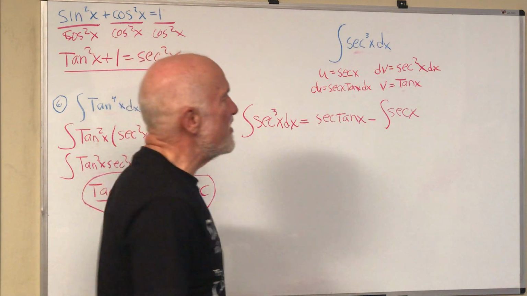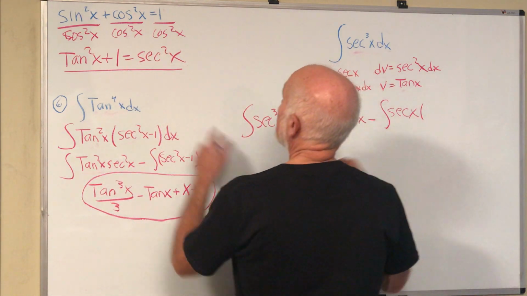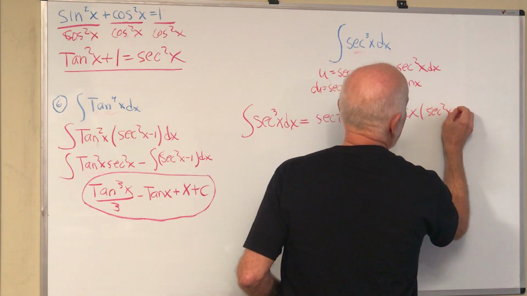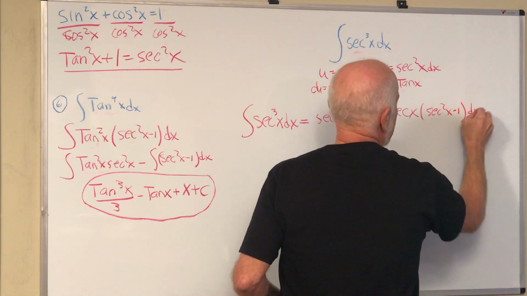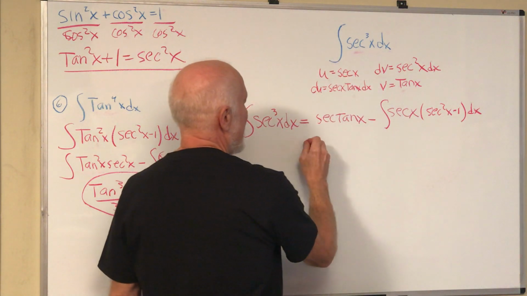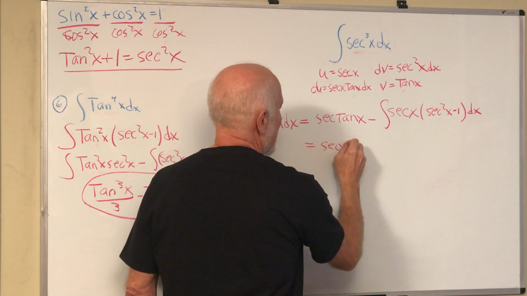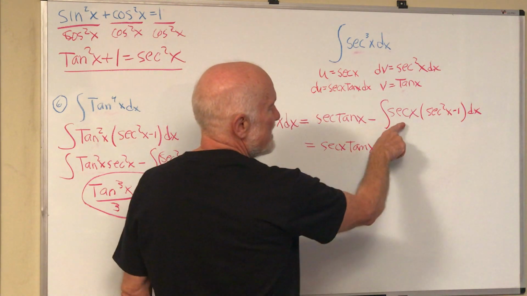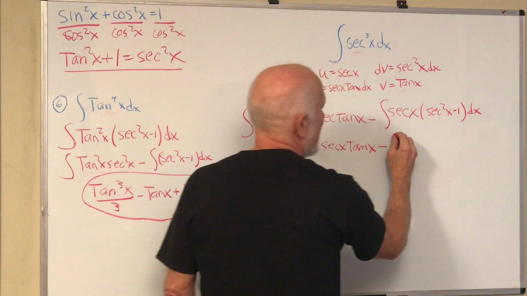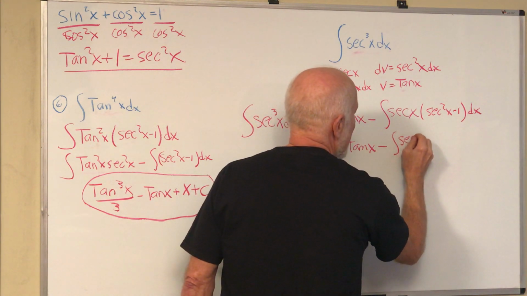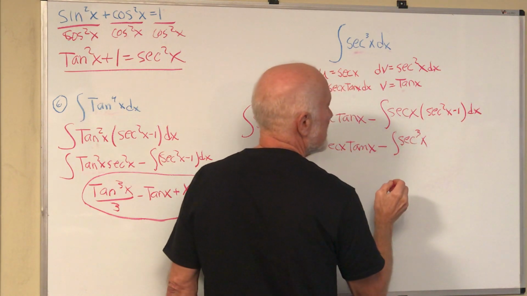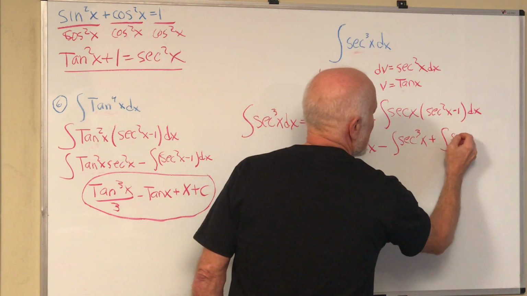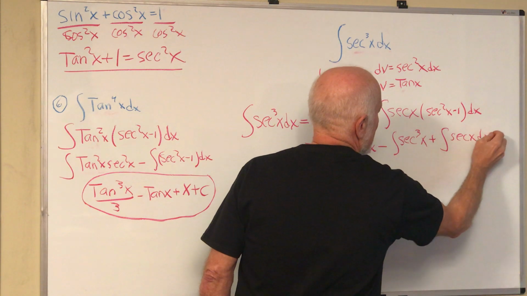Instead of tangent squared, I'm going to write secant squared minus 1. Then I get secant x tangent x minus, if I distribute this through, I get the integral of secant cubed of x, and then minus times minus is plus the integral of secant of x.